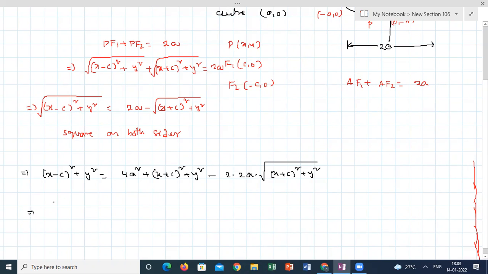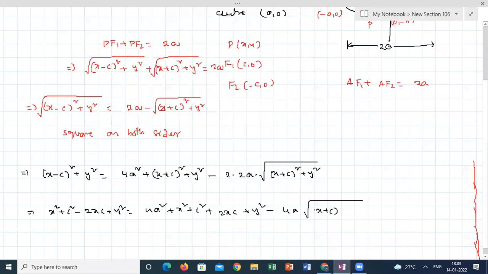So if I am expanding, what will I get? x square plus c square minus 2xc plus y square is equal to 4a square plus x square plus c square plus 2xc plus y square minus 4a into root of x plus c whole square plus y square.